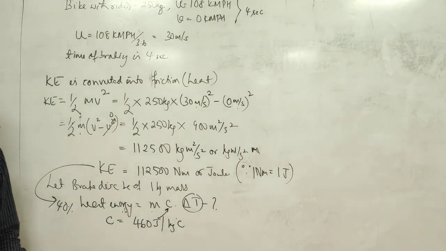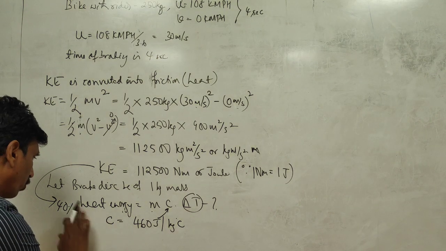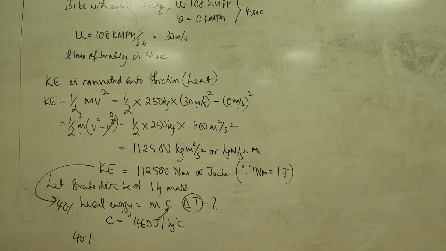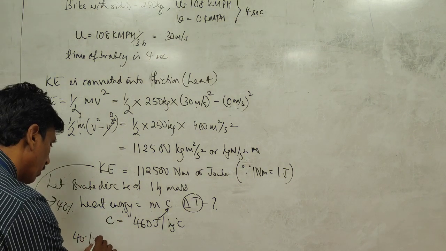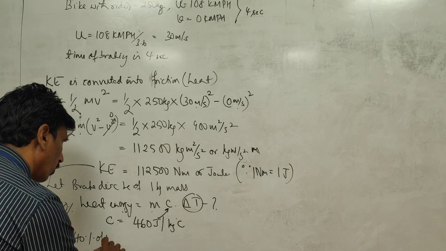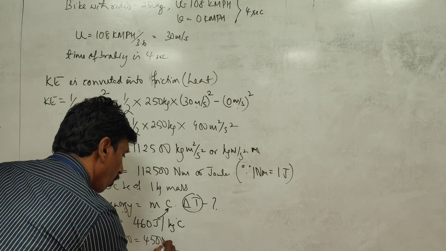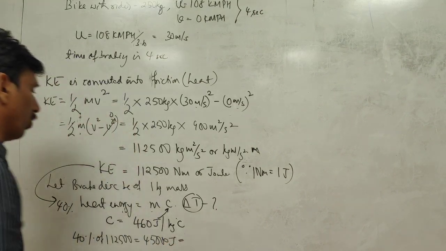You can definitely find out delta T. Let us put the heat energy as 40% of the kinetic energy. 40% of the kinetic energy is how much? 45,000 joules.